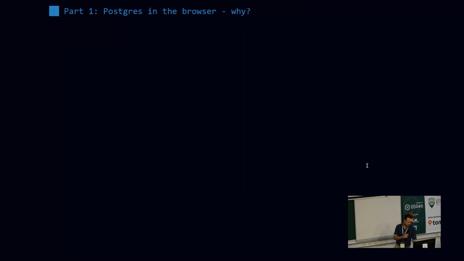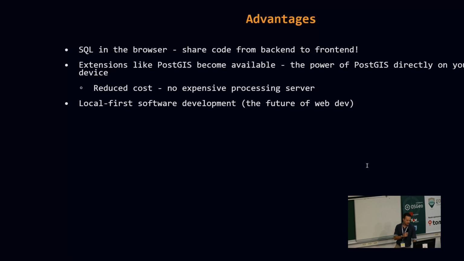So why would we want to use Postgres in the browser? Again, sorry, it's a bit text heavy. This is supposed to be animated, but we are where we are. So if you can load Postgres directly into a web browser, into the client side, where most users interact with your application, you can use SQL directly in the browser.